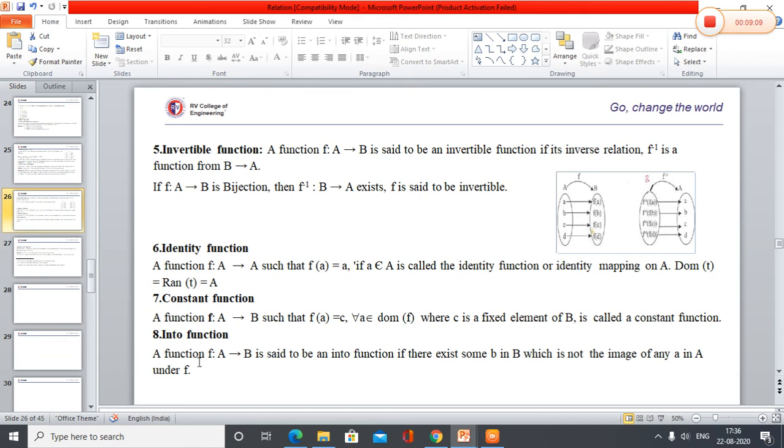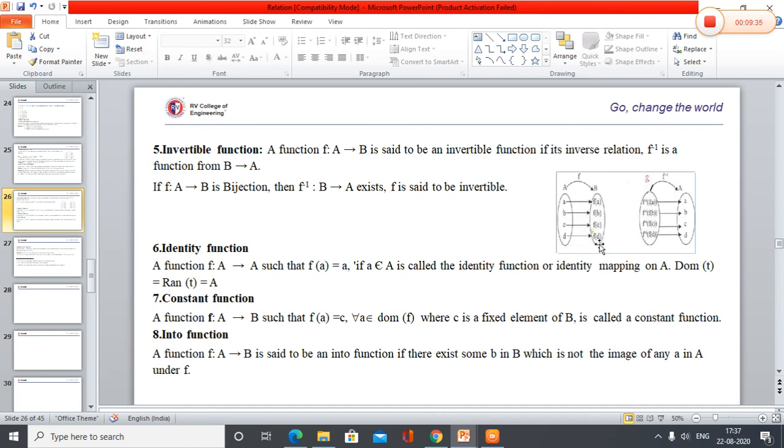Okay, now what is an into function? If f is a function from A to B, it is called an into function if there exists some small b in B which is not the image of any a in A. If I have a, b, c, d here and also 4 elements in B, some 3 are associated with elements of A, but at least some element of B is not associated.